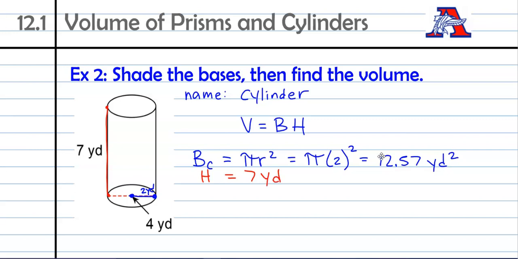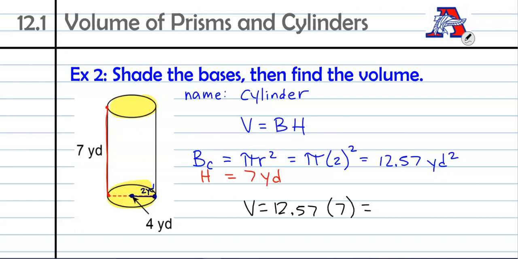I realized I never shaded the bases on this one, so I'm just going to go ahead and do that quick. I'm going to grab a highlighter. Our bases are circles, like so. I think that helps when you're finding the height. All right, so now we can go back and find our total volume. So we just need to do our base, which was 12.57 times 7. I'm going to make sure to do my units at the end.